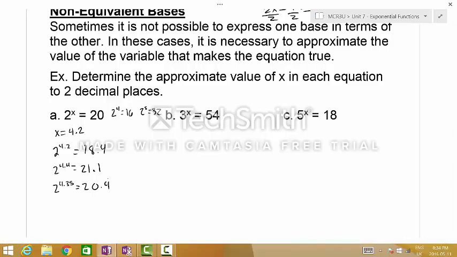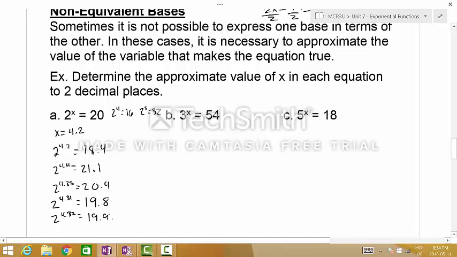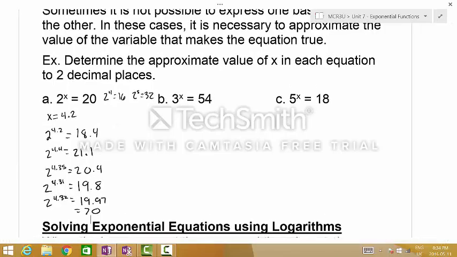So we have 2 to the power of, say, 4.31, which gives me 19.8. 2 to the power of 4.32 gives me essentially 19.97, or I would call that 20. So using guess and check, what I found is that my x is approximately equal to 4.32.